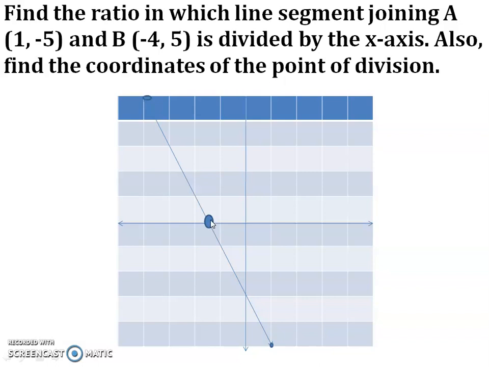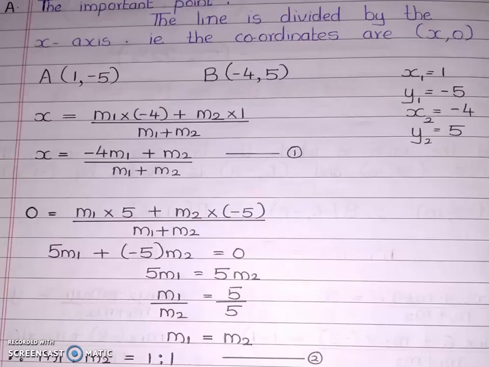Clear? It is very clear that the point lies on x-axis. So, definitely the y coordinate of this point will be 0. Now, going to the answer. The line is divided by the x-axis, that is the coordinates are (x, 0).